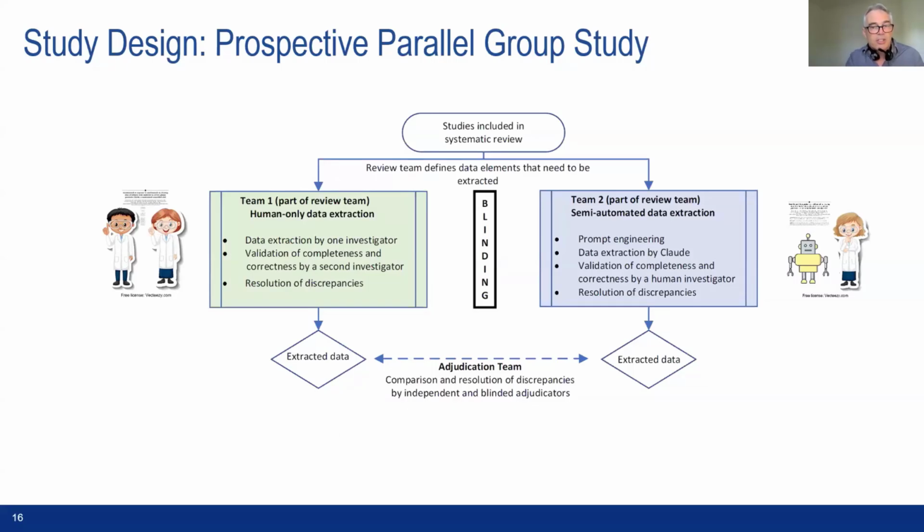The 2 teams extracted exactly the same data elements, but they were blinded to each other's work. After both teams had finished extracting data, their results were sent to an independent adjudication team. And this team was also blinded to which workflow each set of the data came from.